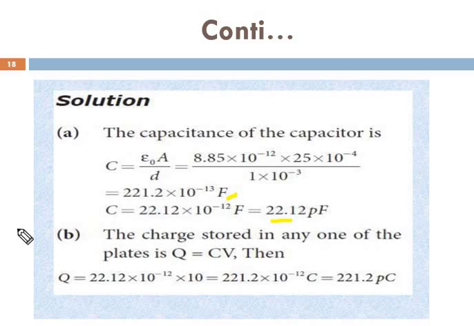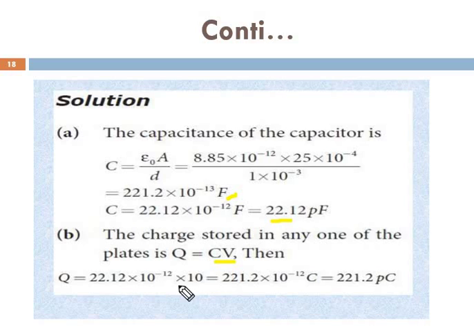The second part of this problem is the charge stored on any one of the plates, Q equals CV. We will find the charge on either plate by putting in the value of capacitance and the voltage. The value of capacitance is 22.12 picofarad and the value of voltage is 10.